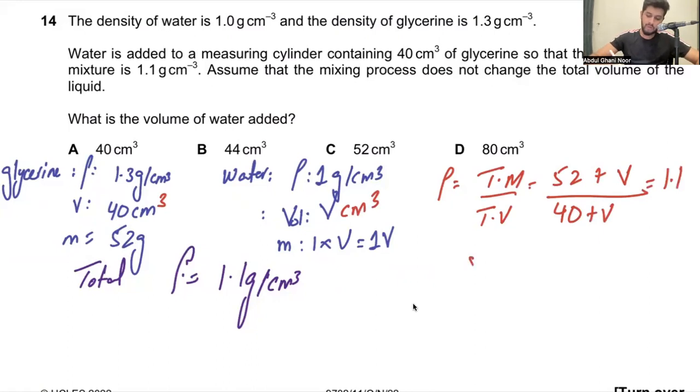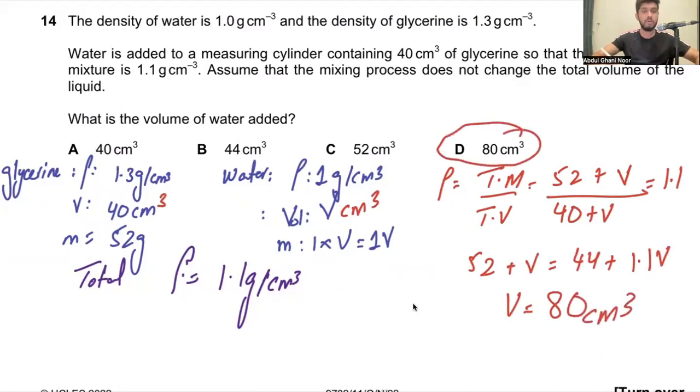You cross multiply. 52 plus V is equal to 44 plus 1.1 V. And that gives you V is equal to 80 centimeter cube. Is this clear? 52 minus 44 divided by 0.1.